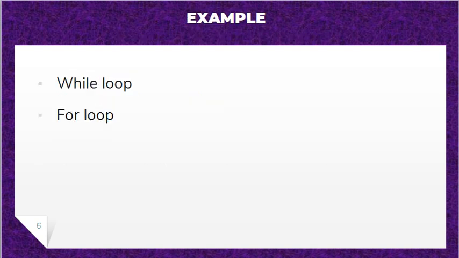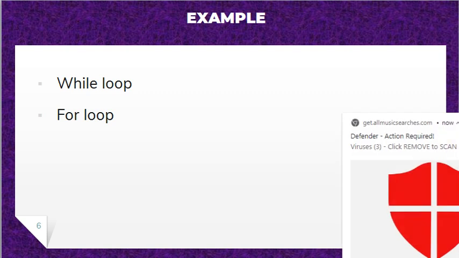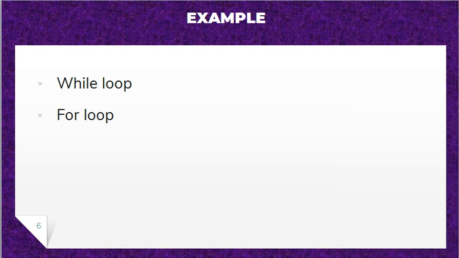We can have two types of entry controlled loops: the while loop and the for loop. We can see these in detail in the next classes.